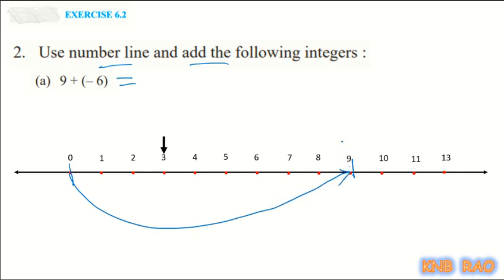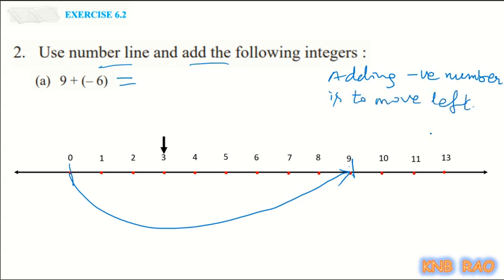and from 9, since you are adding a negative number, the move is to the left, and adding a positive number is to move right.